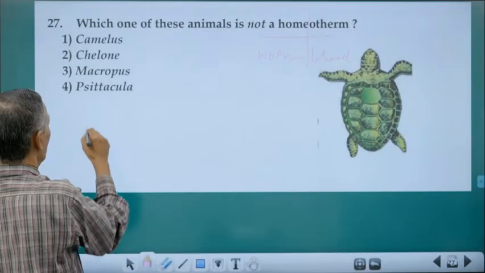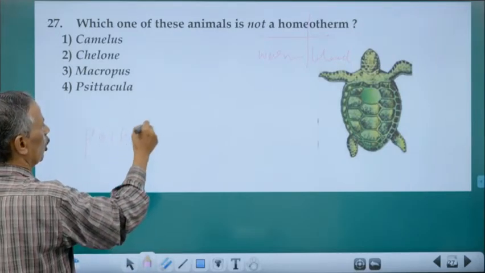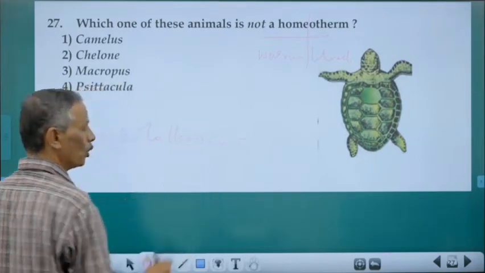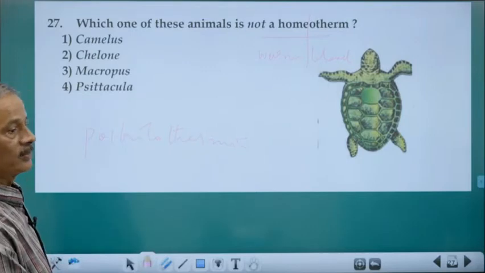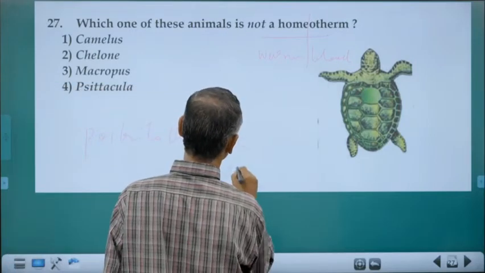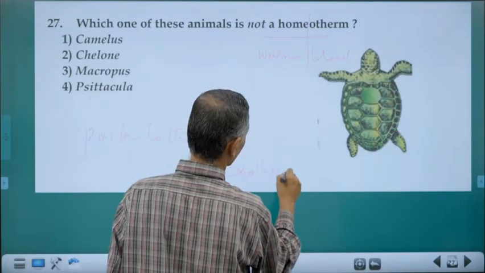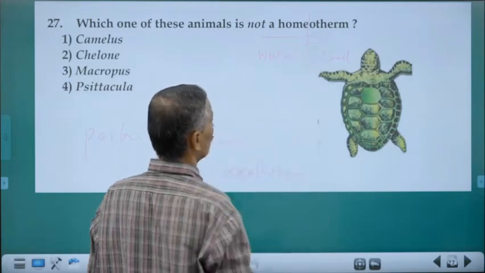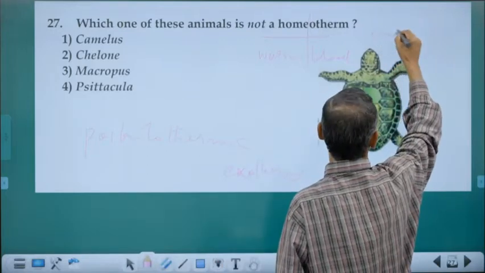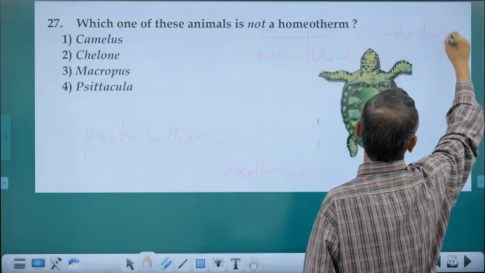And the term is poikilothermic. They have to get their heat from outside. That is why they are also called exotherms. Whereas these homeotherms are capable of producing heat from inside, so they are also called endotherms.